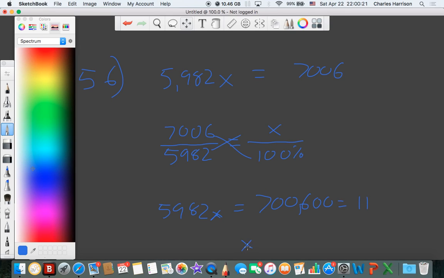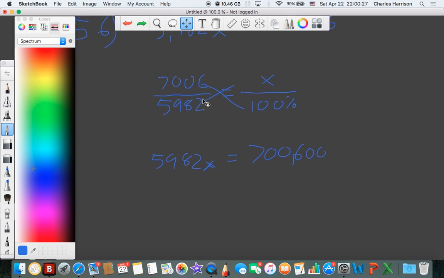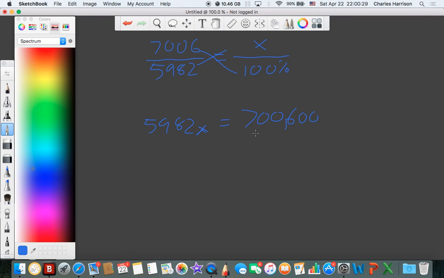So x equals, let's see here, I'm dividing so you can see this. I'm going to be going up and down, trying to help you out here. x equals all of this divided by this, okay?